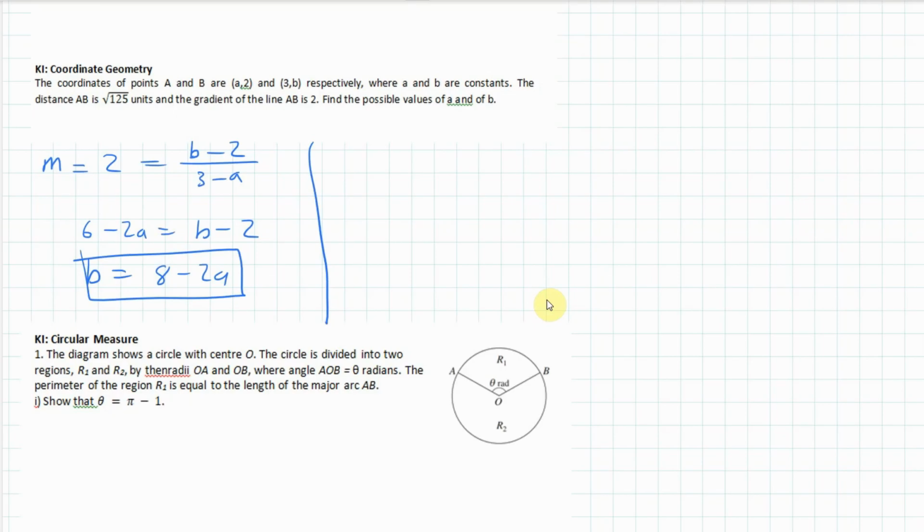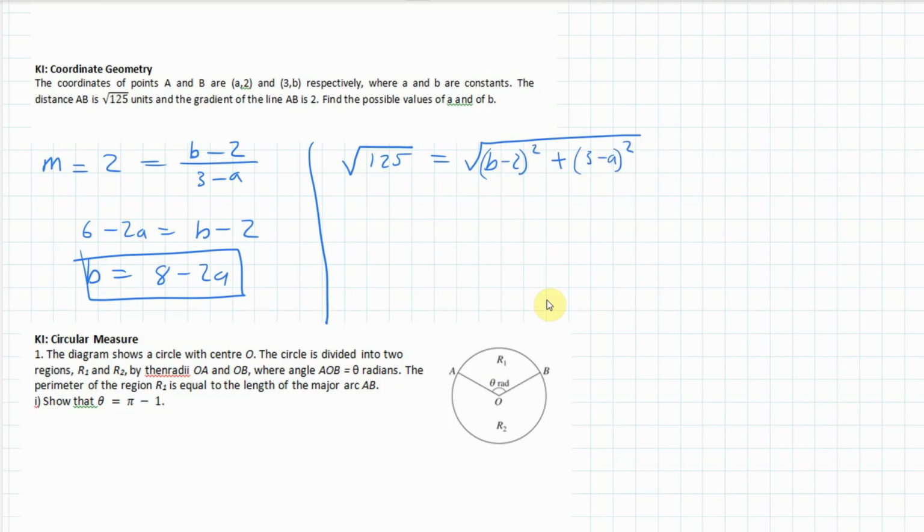Okay, now I'm going to do the distance one. So I know that the distance is equal to square root 125. So, and that's equal to using Pythagoras here. So we're going to find b minus 2 all squared plus 3 minus a all squared.